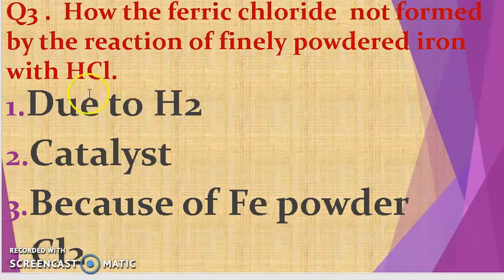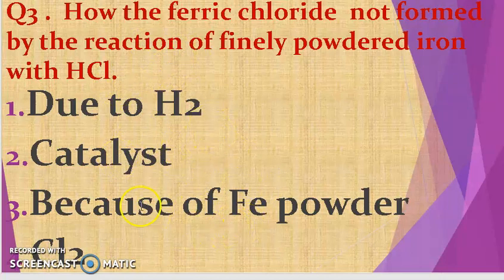Usually we consider that Cl reacts with iron and gives ferric chloride. But here they have asked why ferric chloride is not formed by this reaction of finely powdered iron with HCl. We have to find the reason according to the options.